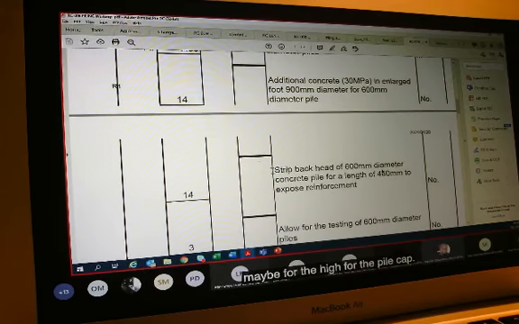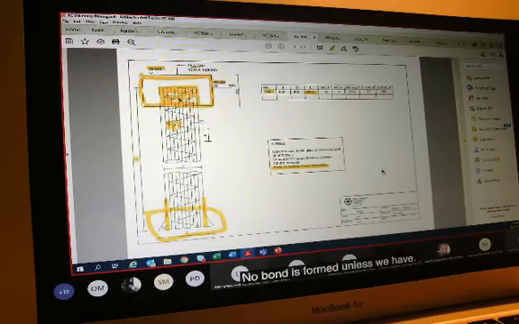Anyone want to indicate why they think the reinforcement needs to be exposed? I think for you to be able to tie in, if you need to extend your reinforcement, maybe for the pile cap, if you need to tie into the pile reinforcement.